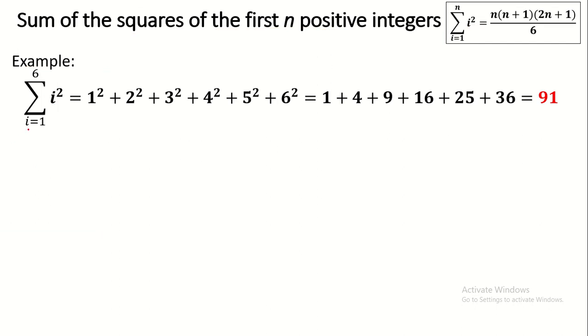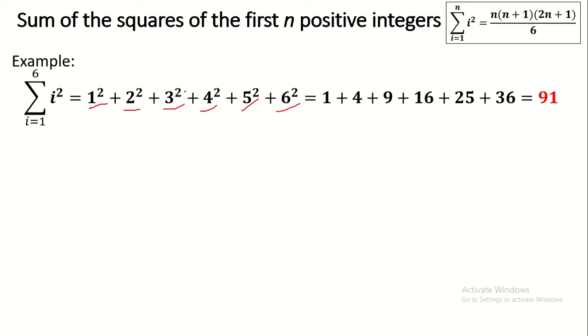If i is equal to 1, we have 1 squared. If i is equal to 2, we have 2 squared. i is equal to 3, 3 squared. i is equal to 4, 4 squared, plus i is equal to 5, 5 squared, plus i is equal to 6, we have 6 squared.